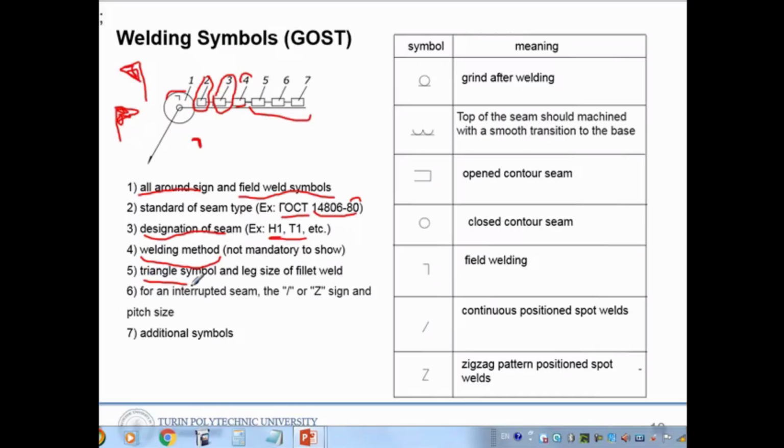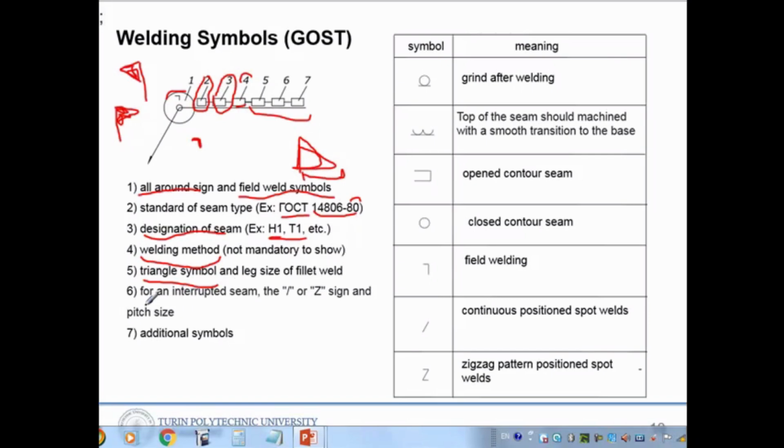The next one is the triangle symbol, which means the leg size of a fillet weld. If you have a fillet weld, you have to write the fillet leg, the triangle leg, there.